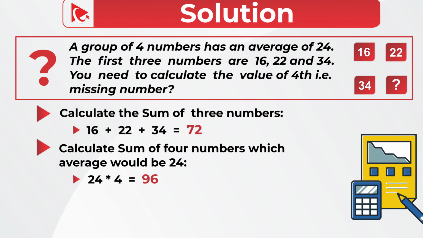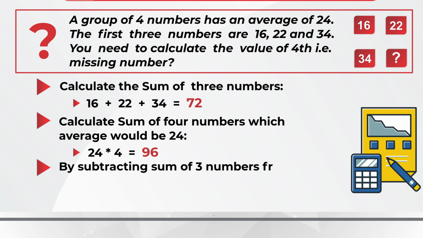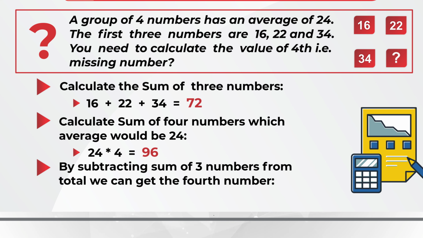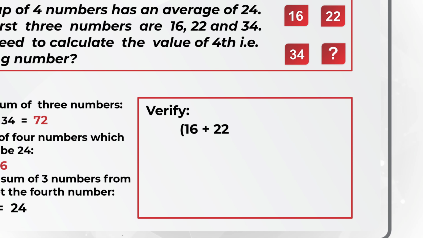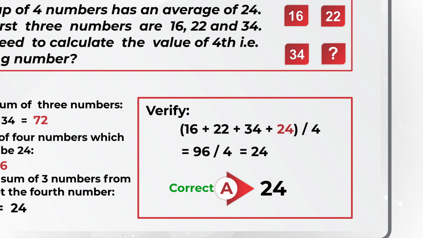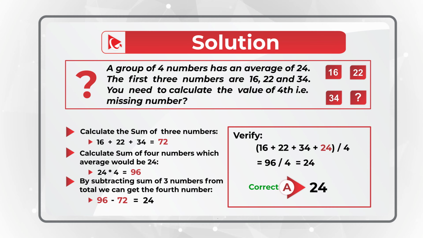And in the last step, we need to subtract the sum of the 3 numbers from the total where the average will be 24 to calculate the 4th number. 96 minus 72 equals 24. Let's verify this. 16 plus 22 plus 34 plus the missing number 24, divided by 4, equals 96 divided by 4, equals 24. Hopefully you've nailed this question and now know how to answer similar problems on the test.